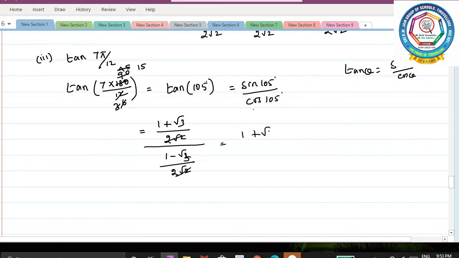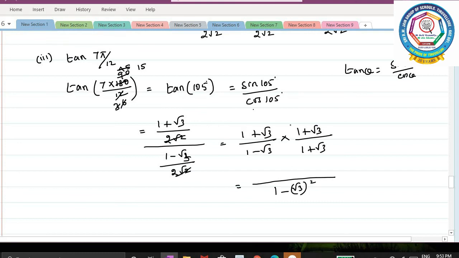So 1 plus root 3 by 1 minus root 3. So we have to do the conjugate. Here I am going to multiply 1 plus root 3 by 1 plus root 3. So denominator it is in the form of a plus b into a minus b. We know the identity a plus b into a minus b equal to a square minus b square. So 1 square minus root 3 the whole square.